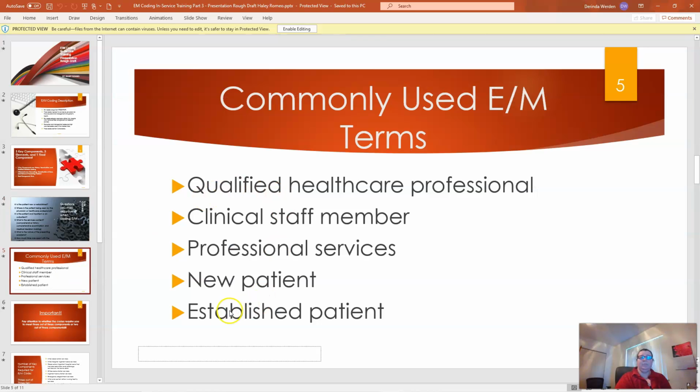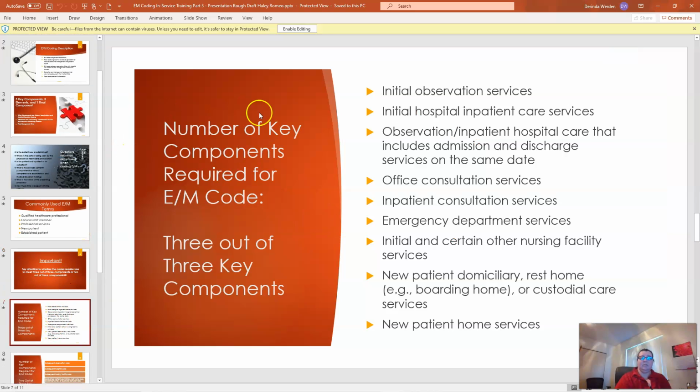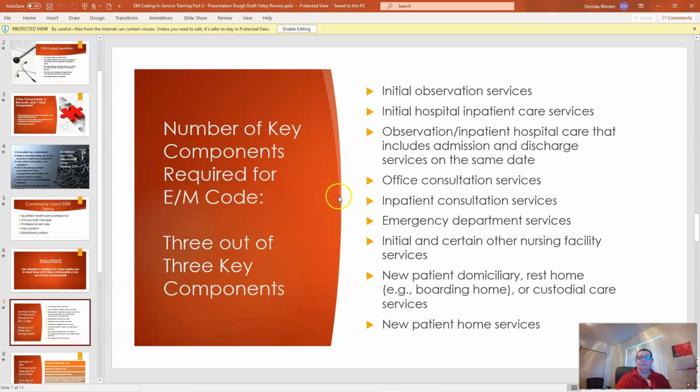Commonly used terms, this is good, but it doesn't do the abbreviations like they were looking for. This is important, yes: the 2 of 3 or 3 of 3 components needed in order to choose a level.